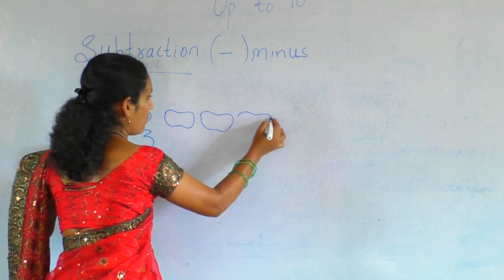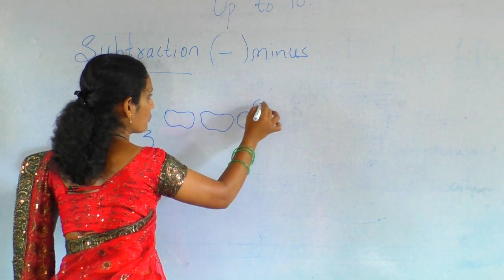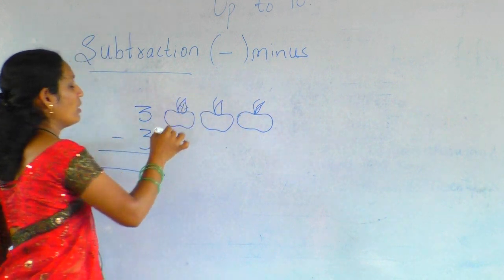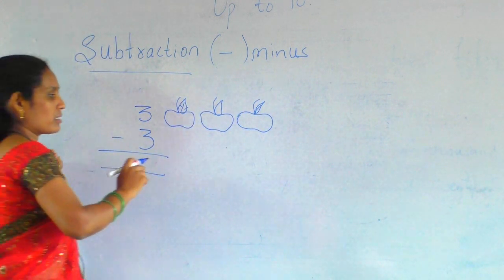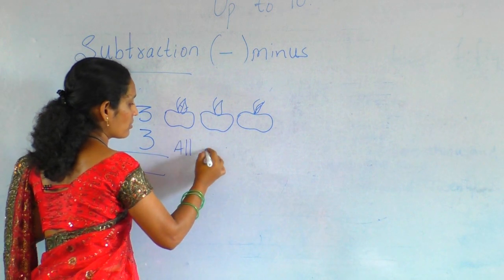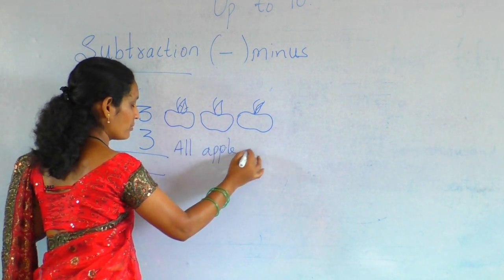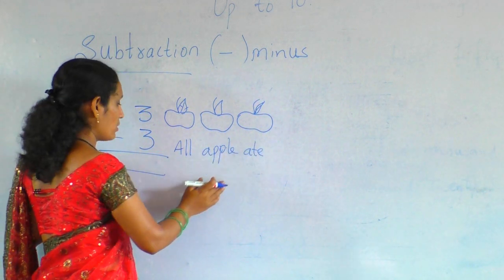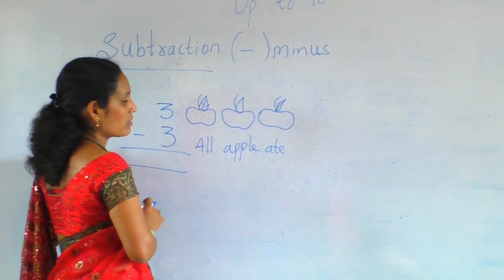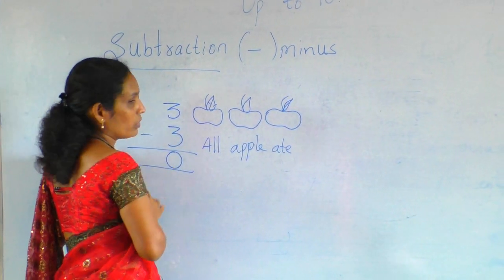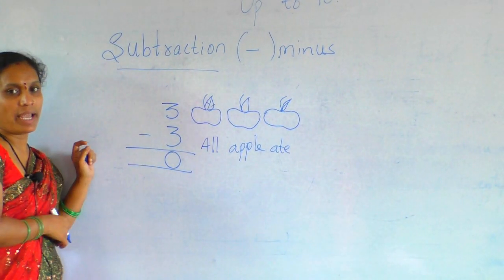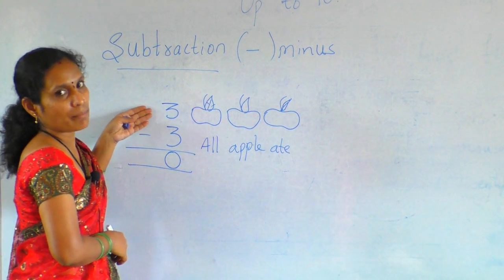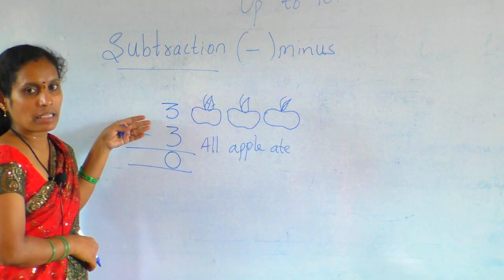Mummy gave 3 apples to you. You ate all the 3 apples. Then how many remain? 0. You are not having any apples with you, right?